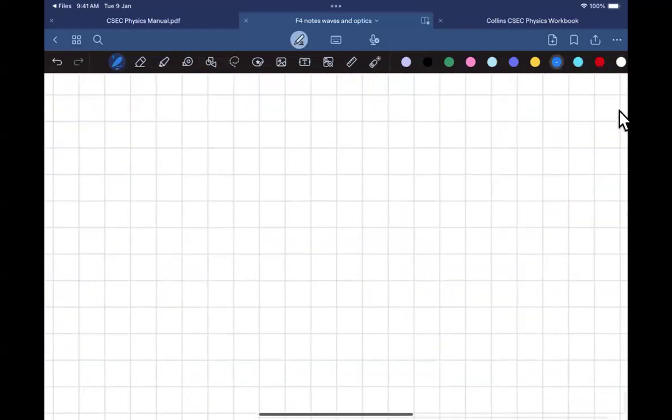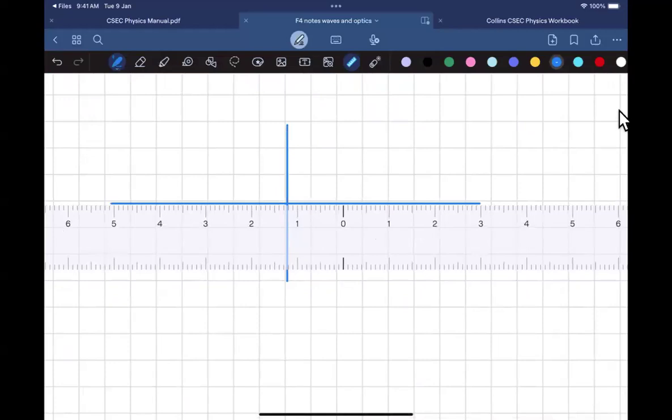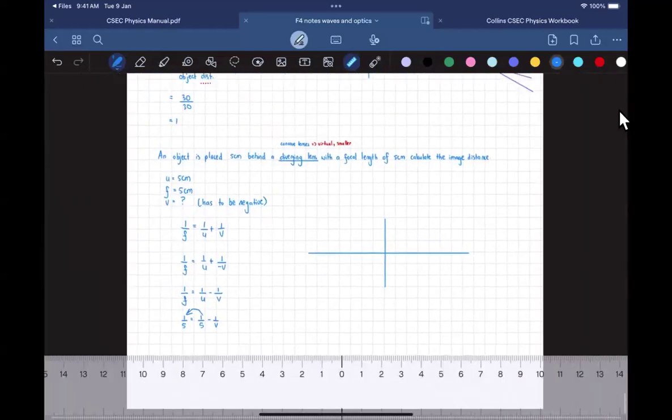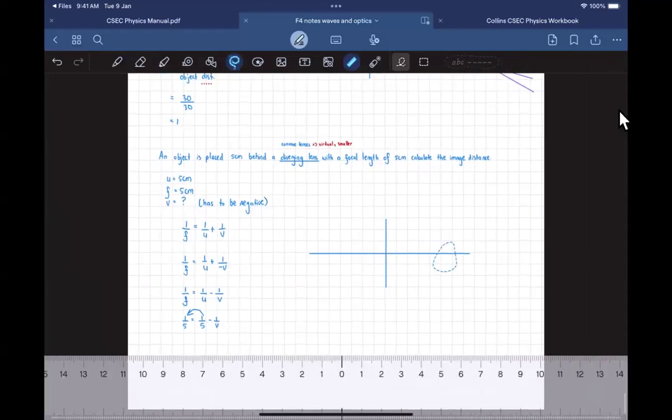Let me plot this graph and see what's going on, because this is very, very weird. Let me just do a quick example. Because it's supposed to be smaller, it can't be 0.